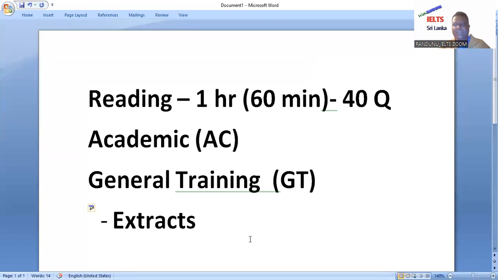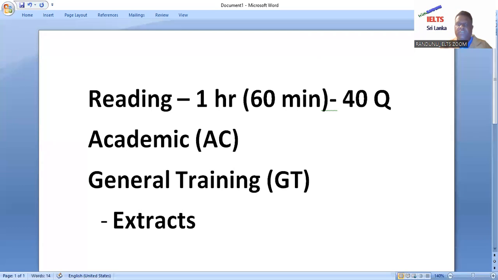You can understand they are academic things, the things which are used in universities, right? Academic stuff. So they have taken extracts from academic stuff when it comes to academic reading.